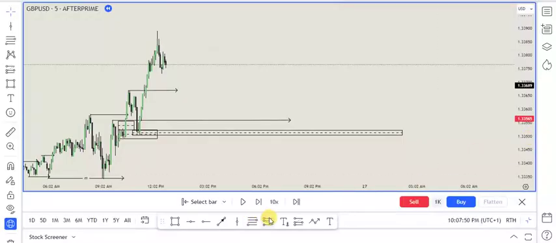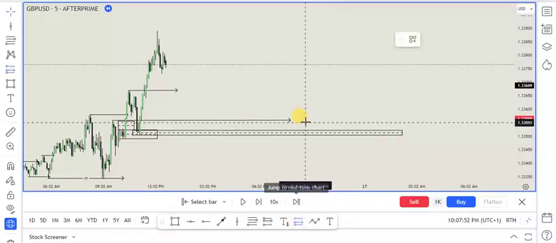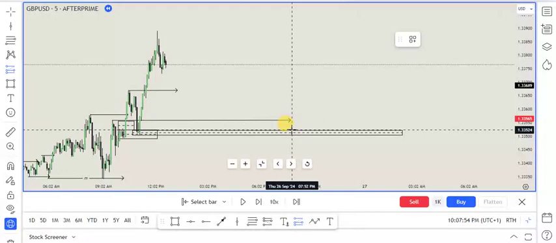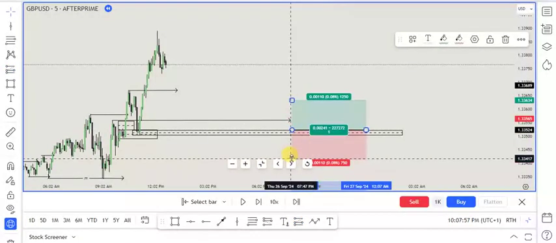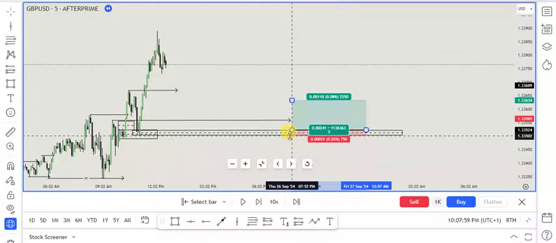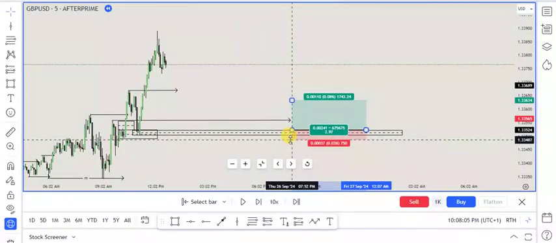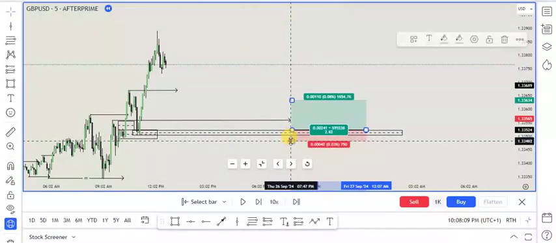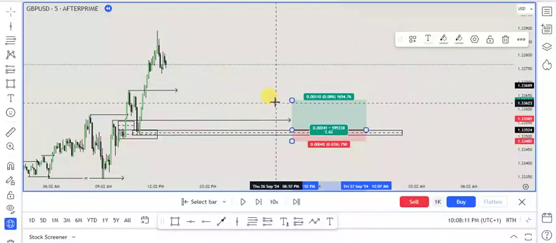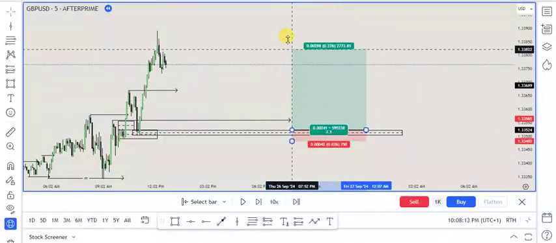We are entering aggressively here. We are buying aggressively here. 3 pips just below, maybe 5, but because we know that it's not going to pass this level, we can just set our stop loss a little bit below that low. Then I'll take profit here.